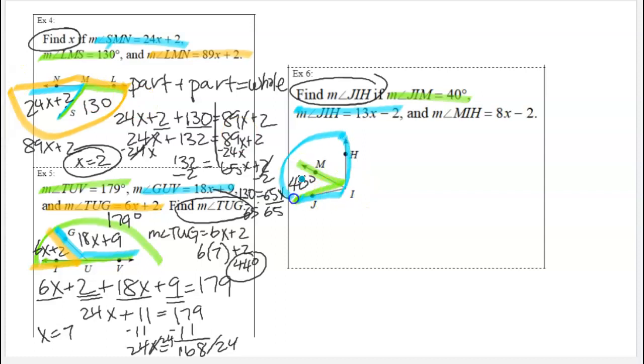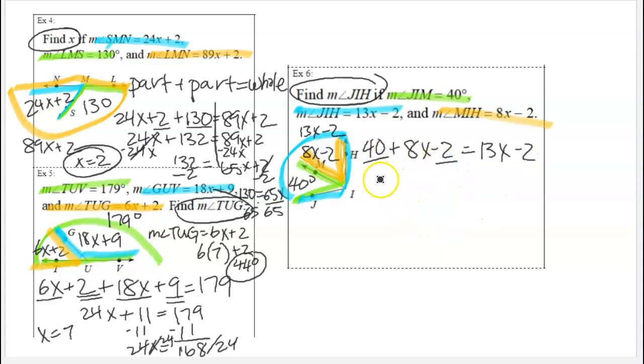JIH, ooh, that's the whole thing, 13x minus 2. And finally, my last part, MIH is 8x minus 2. I'm going to start part plus part equals whole.